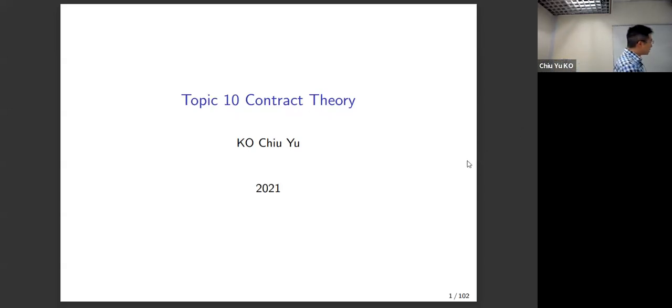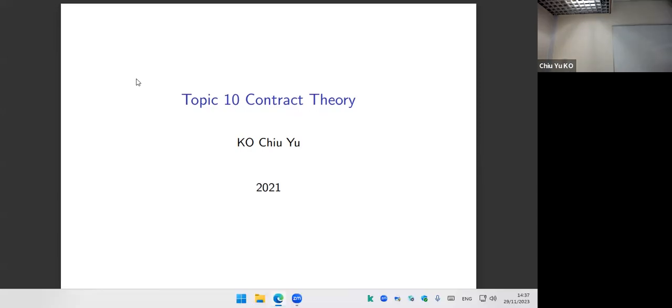Contract theory, I found, is one of the most useful topics when you consider business application. Remember when you learned on Monday, when agents have incomplete information, you consider Bayesian Nash equilibrium, and in general the equilibrium can be very complex. There can be many equilibria.